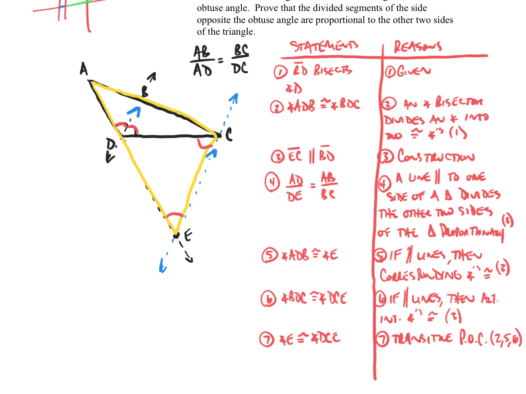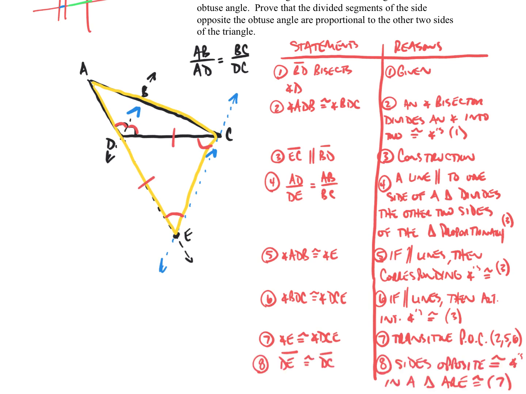So I'm making the connection between these two angles, which creates an isosceles triangle. Now, I don't have to say that it's an isosceles triangle, but what I do want to say is that because it is an isosceles triangle, segment DE has to be congruent to segment DC. Sides opposite congruent angles in a triangle are congruent.